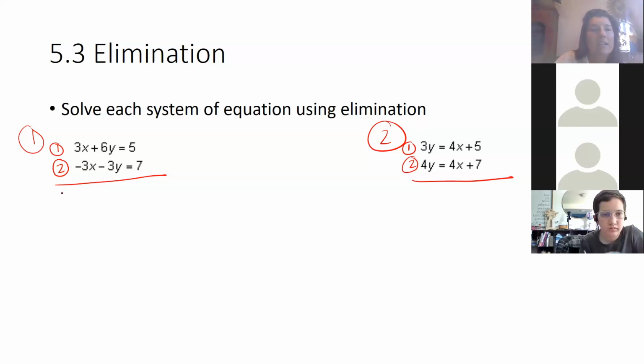Okay, so for number 1, notice we have the opposite coefficients. I have a 3x and a negative 3x. So for this problem, all we have to do is add these up, going straight down. Go ahead, Katie or Malachi, whoever wants to write in what we're going to get when we add those straight up.